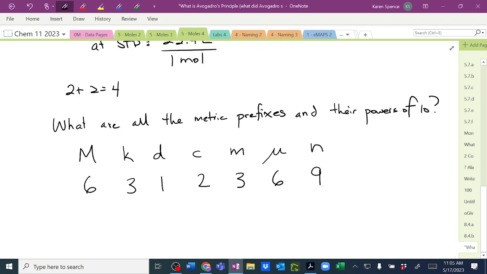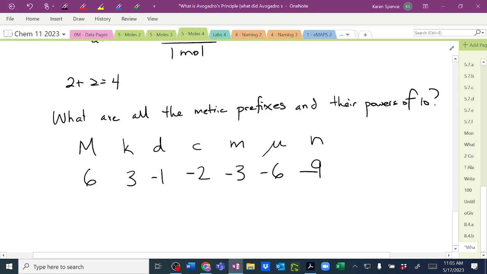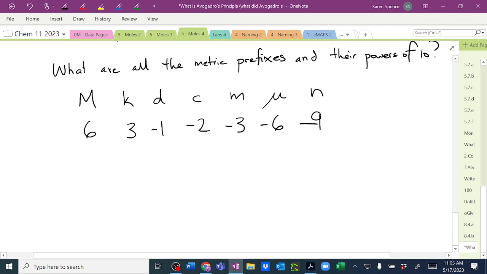Okay, now, which of these are negative? Everything from 1 up to 9. And what does that mean, right? So if I was to say I want a conversion factor between megagrams and grams, the 1 goes with the prefix, right?